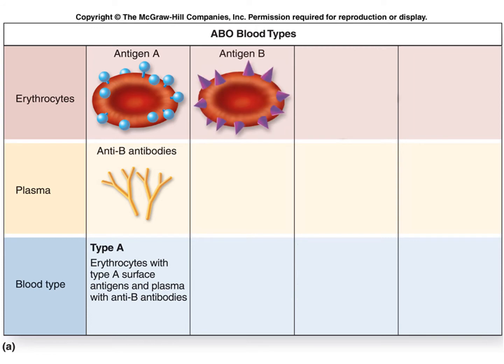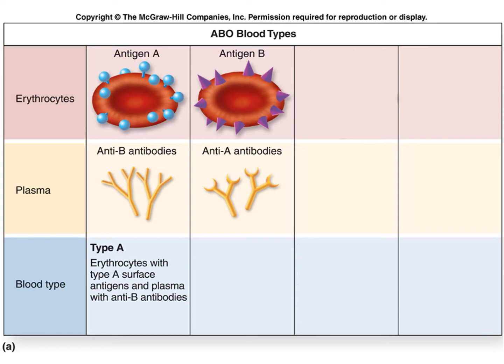Now, if you have antigen B on the surface of your red blood cells, since you have antigen B and you don't have antigen A, you're going to produce anti-A antibodies. One of the reasons why I like this diagram is because it shows the shape of the antibodies and the shapes of the antigens matching.